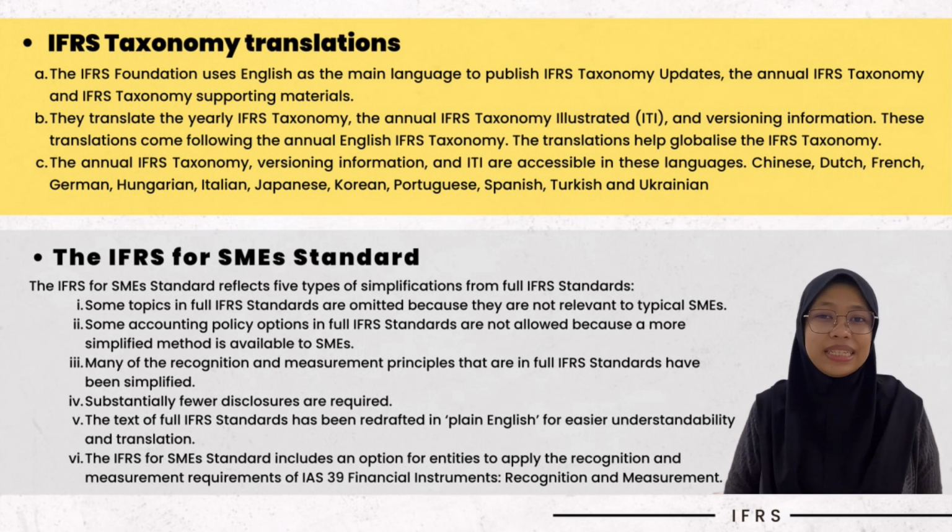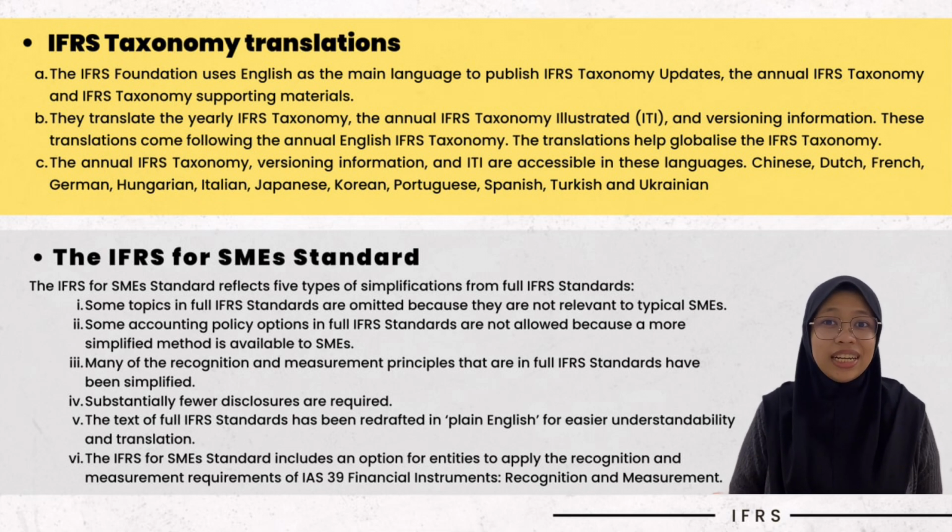IFRS Taxonomy Translation. The IFRS Foundation uses English as the main language to publish IFRS Taxonomy updates, the annual IFRS Taxonomy, and IFRS Taxonomy supporting material. They translate the yearly IFRS Taxonomy, the annual IFRS Taxonomy Illustrated, which is ITI, and versioning information.